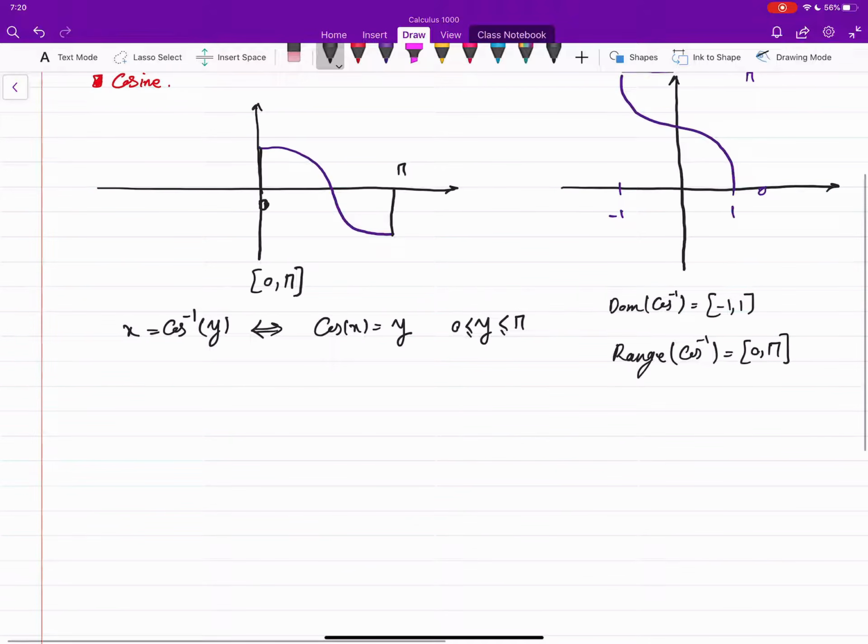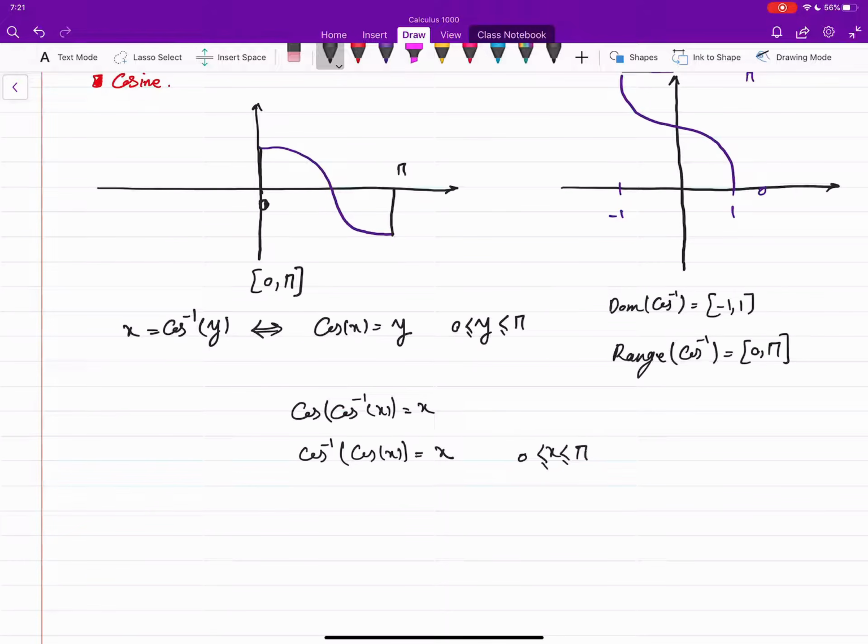This definition gives us the inverse property, or cancellation property: cosine of cosine inverse of x is always x. But when you do cosine inverse of cosine, you have to be careful. This is true if and only if x is between 0 and pi.